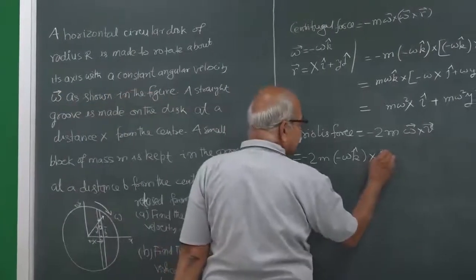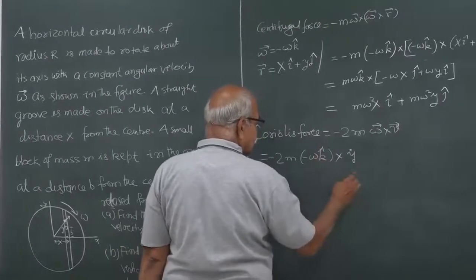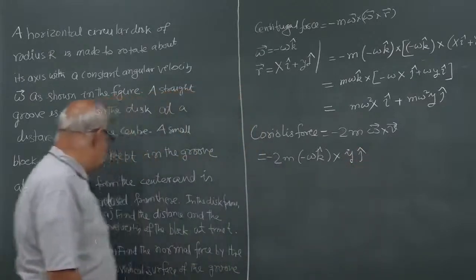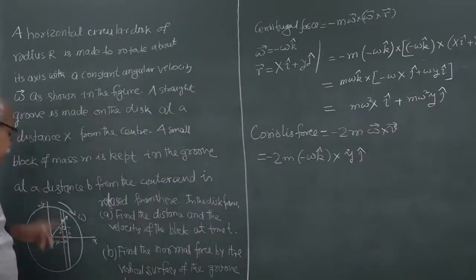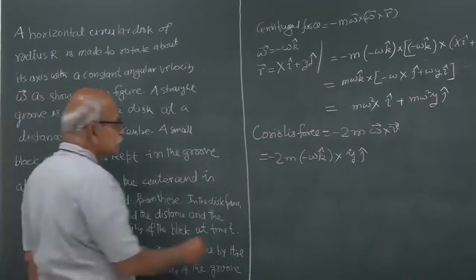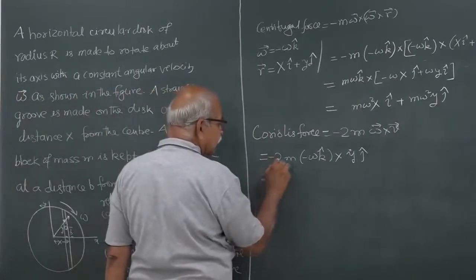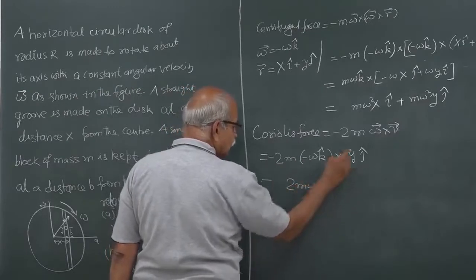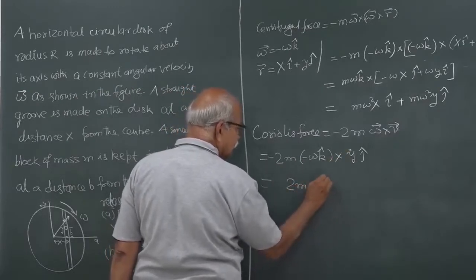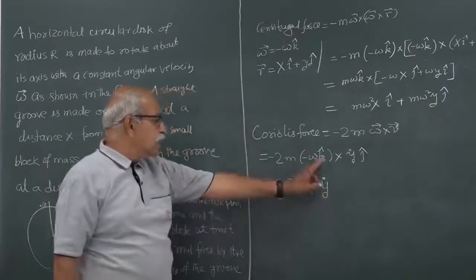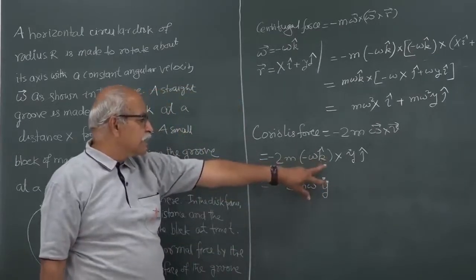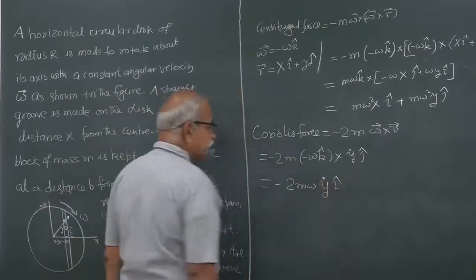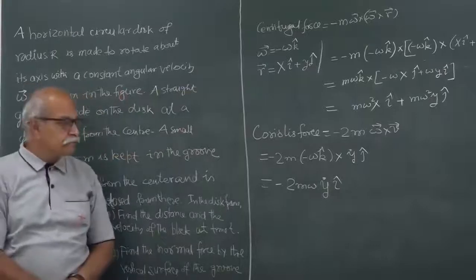You can write that as y dot or dy dt, and in j cap direction. This rate of change of y gives you the speed, and once again this minus and this minus is plus. So, 2 m omega y dot, and then k cap cross j cap is minus i cap. So, it is minus here and i cap here. So, that is the Coriolis force.